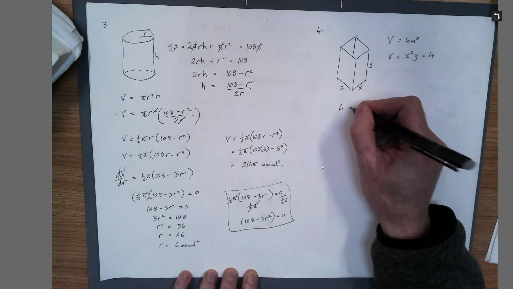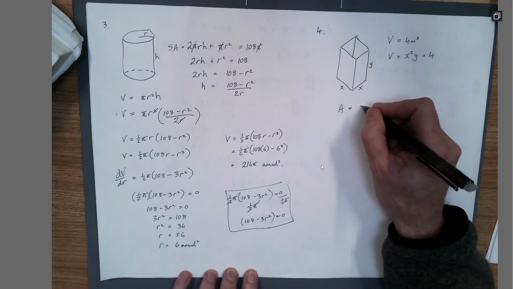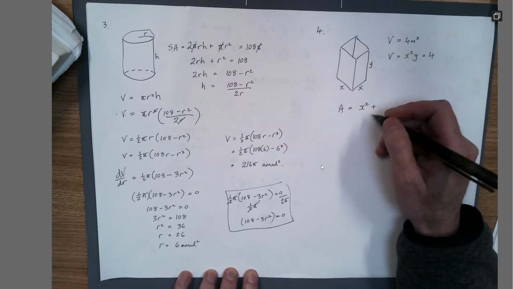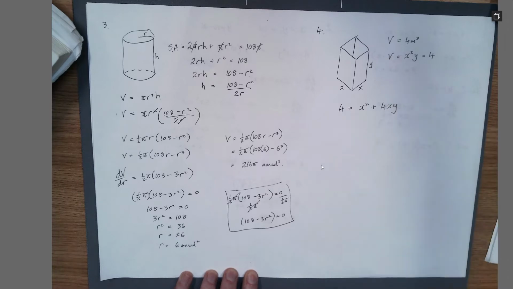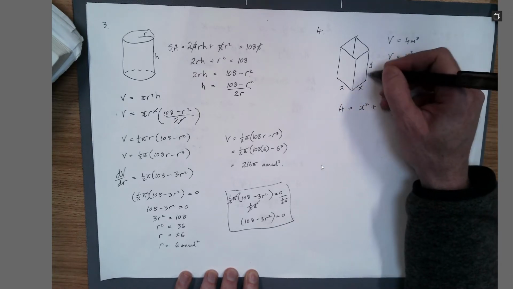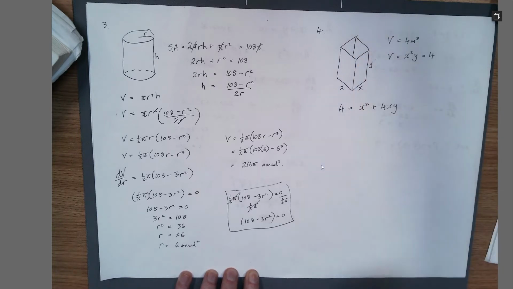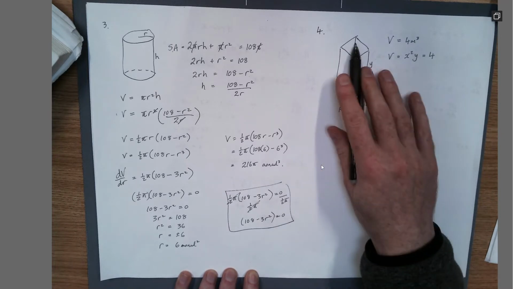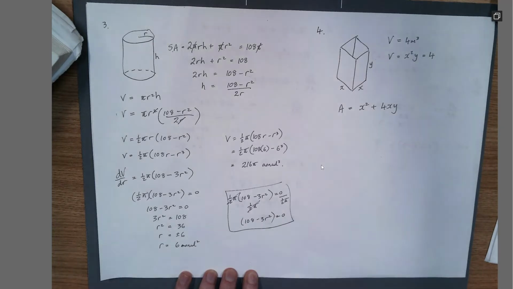The base is x times x, so x squared, plus the four sides, each x times y, so 4xy. So the total surface area is x squared plus 4xy. Now, write down the total surface area in terms of x and y, and hence in terms of x only, find the least possible area of sheet tin that can be used in its construction.